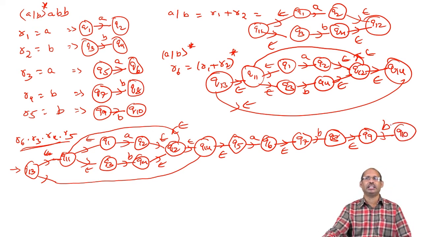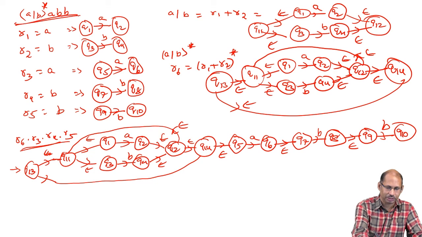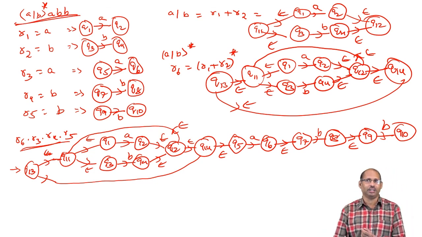Right? This is the completed NFA with epsilon, the finite automata for the given regular expression. So this is our given regular expression which was to be converted to finite automata.